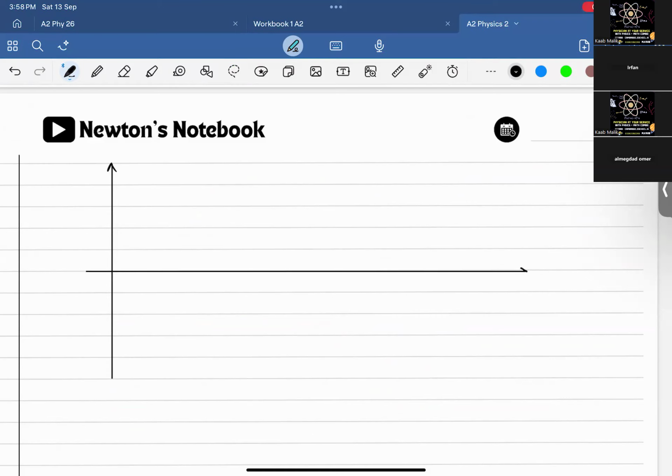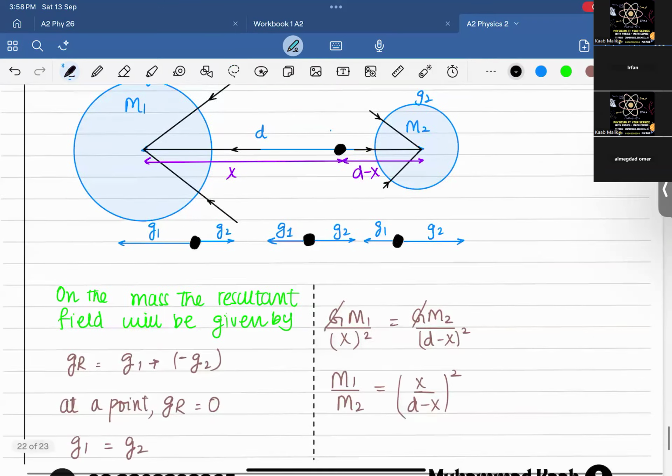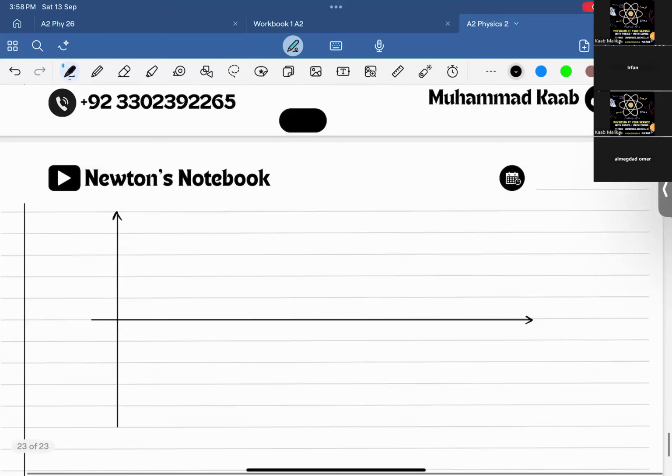For any one of the planets, for planet one, the graph will start with a higher value, with a higher gravity, and it will decrease like this. The graph follows the inverse square law, and it will decrease and then become constant at large distance.